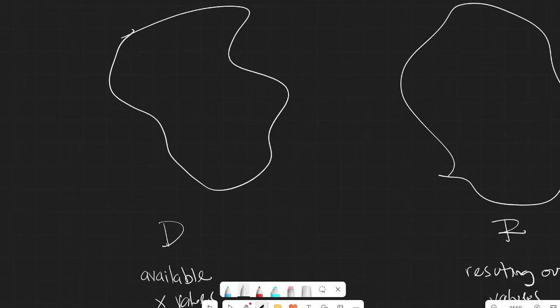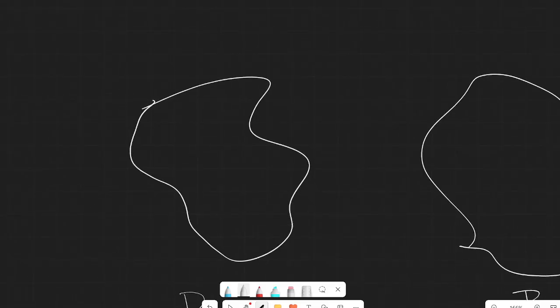And so let's say I'm trying to figure out how to do this here. Yeah, I'll just call this like alpha, beta, gamma, epsilon. Okay.